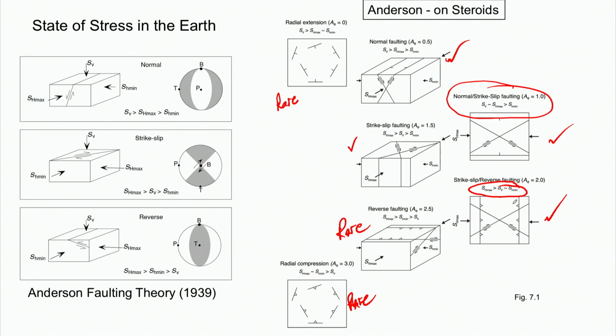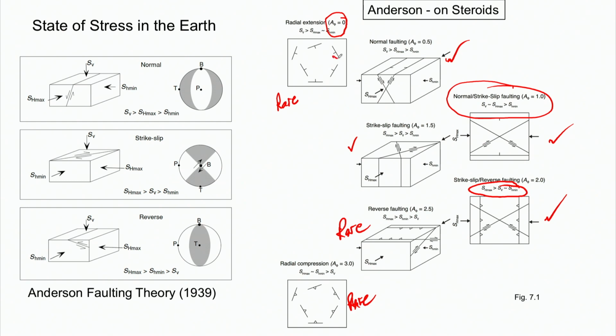Now, the other reason for explaining this in some detail is we're going to actually map this into our stress maps, as you will see. I introduced that in Unit 1. But we're also going to use a parameter which is referred to as A phi. Okay? And A phi here, I'll define that in the next slide, but it gets larger. A phi is talking about the relative stress magnitudes.